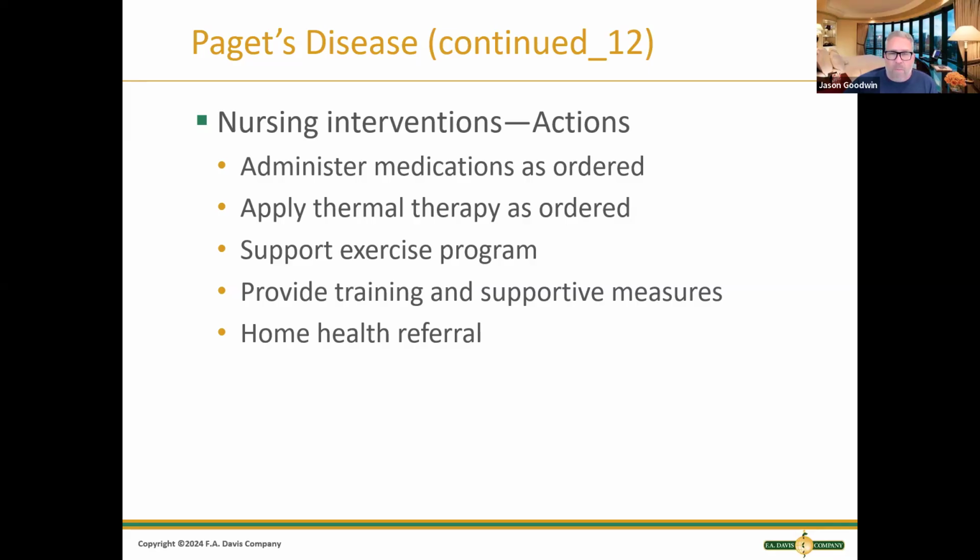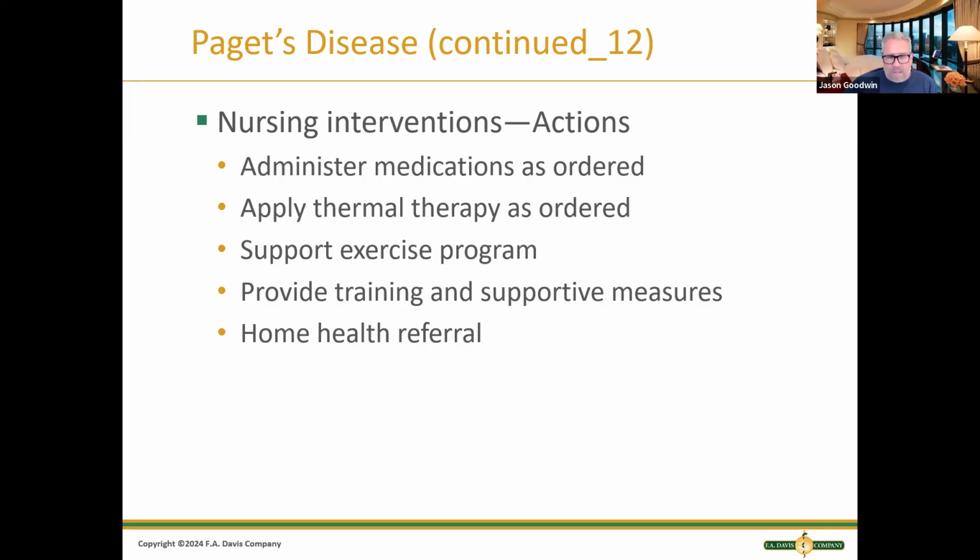Physical therapy would be considered one of these, but exercises for strengthening abdomen or back muscles might be what you would see. Providing training on certain supportive mechanical items, things like orthotic shoes or braces and other supportive measures, and physical therapy can be consulted for that.